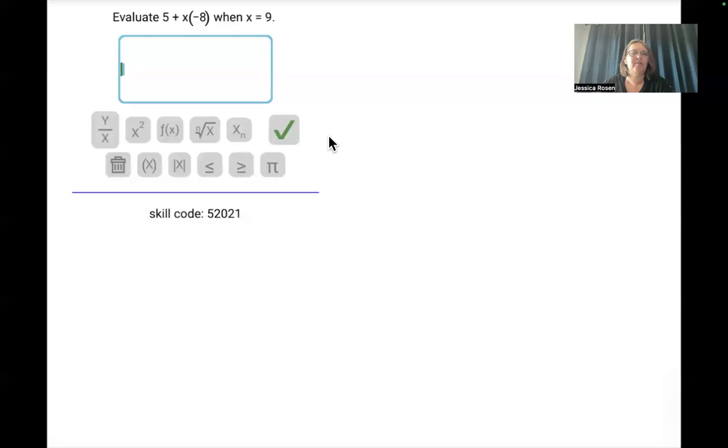Let's open this one. So again, always going to start over here. When we're solving expressions, things without equal signs, we're going to use GEMDOS or order of operations, PEMDAS, whatever. In my parentheses here, there's nothing to do, it just has a -8, that's just a negative number. I don't have any exponents, so we're going to multiply or divide. So this becomes 9 times -8, which is -72.